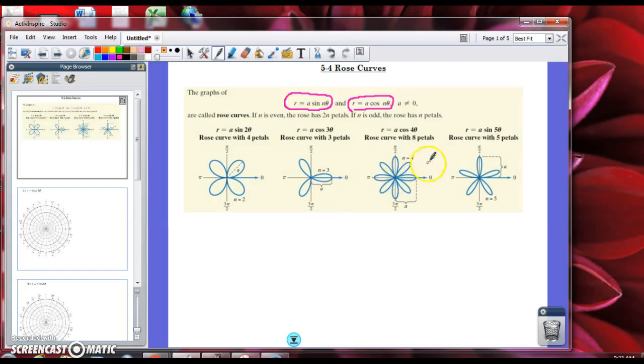It may or may not be symmetrical about the line theta equals pi over 2, and it may or may not be symmetrical about the pole. But you will always have polar axis symmetry for cosine, and you will always have theta equals pi over 2 symmetry for sine. The other thing to note is that the size of those petals is dependent on what that a value is. Okay, so we're going to go through a couple different examples.